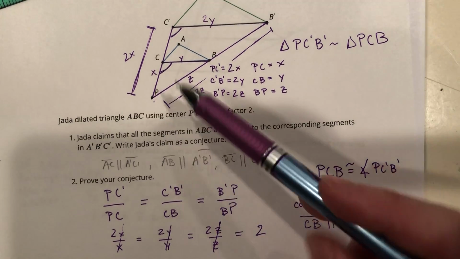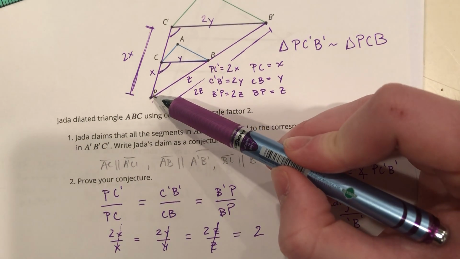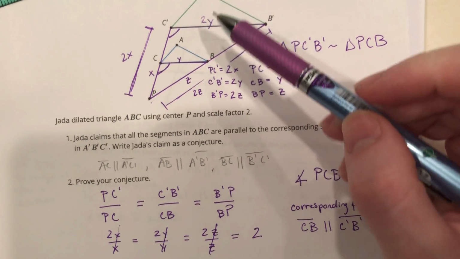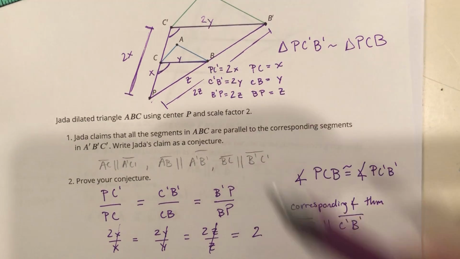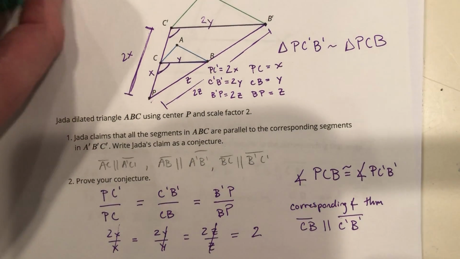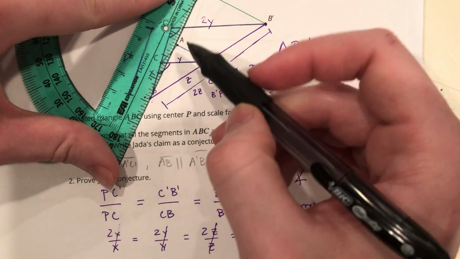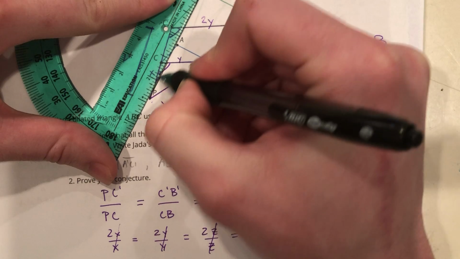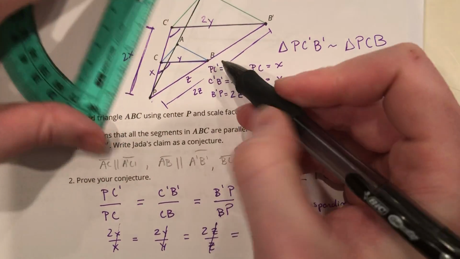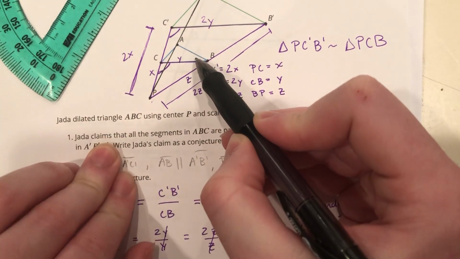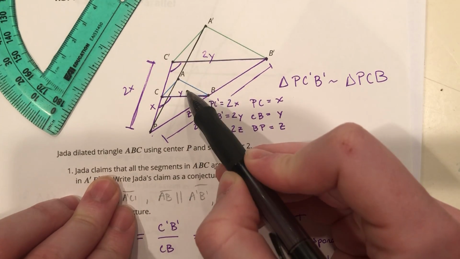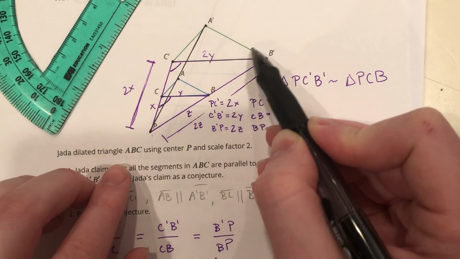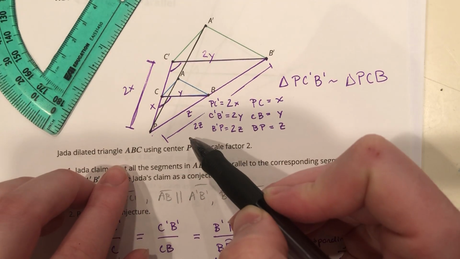All right, and the same can be done if you want to extend lines this way, connecting A and A prime. You can make a multitude of similar triangles. I'll just show you with a black pen. If I were to extend this here, like that, I could then show that these two triangles, the small one here and the big one here, are similar, and I could get corresponding angles and show that AB are parallel as well.